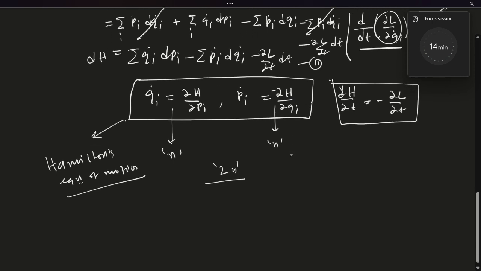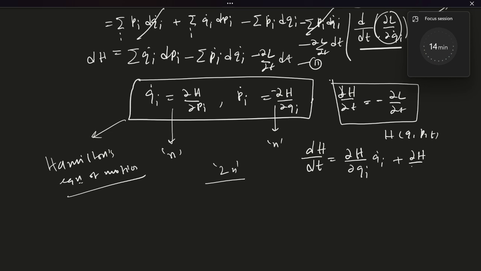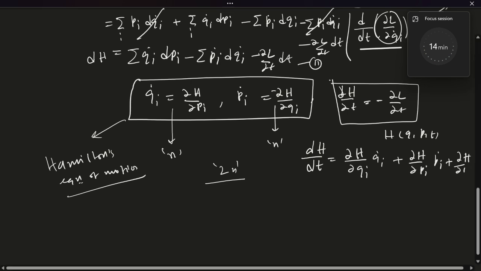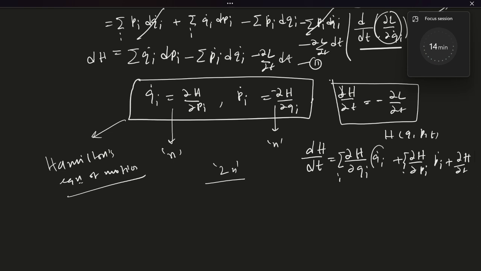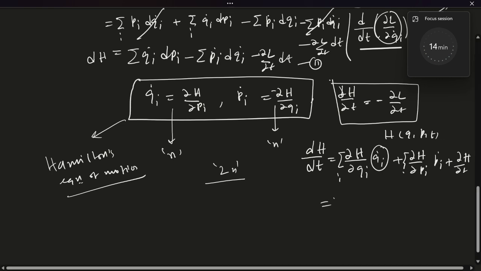There is another relation: del H by del t equals minus del L by del t. Now write down dH by dt. dH by dt equals, as H is a function of q, p and t, the summation over i of del H by del q_i q_i dot plus del H by del p_i p_i dot plus del H by del t.